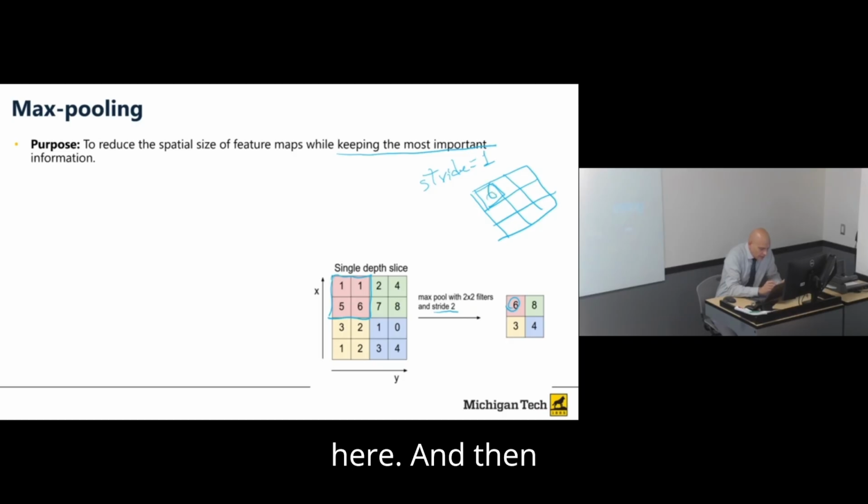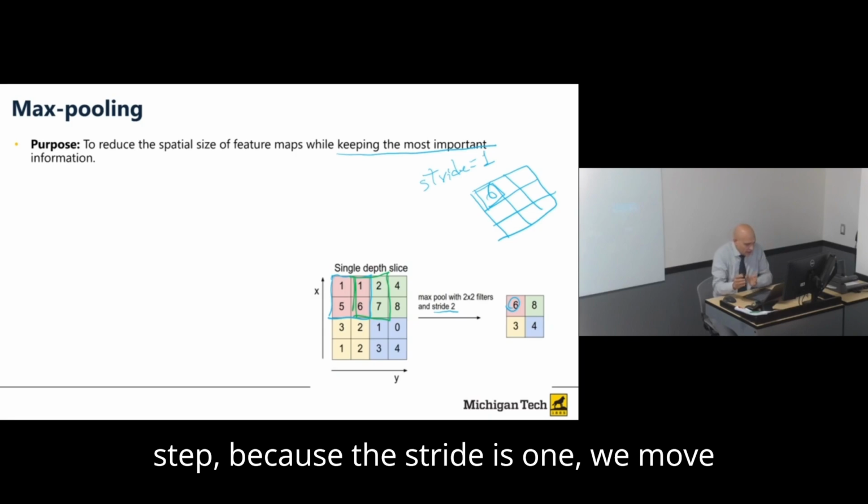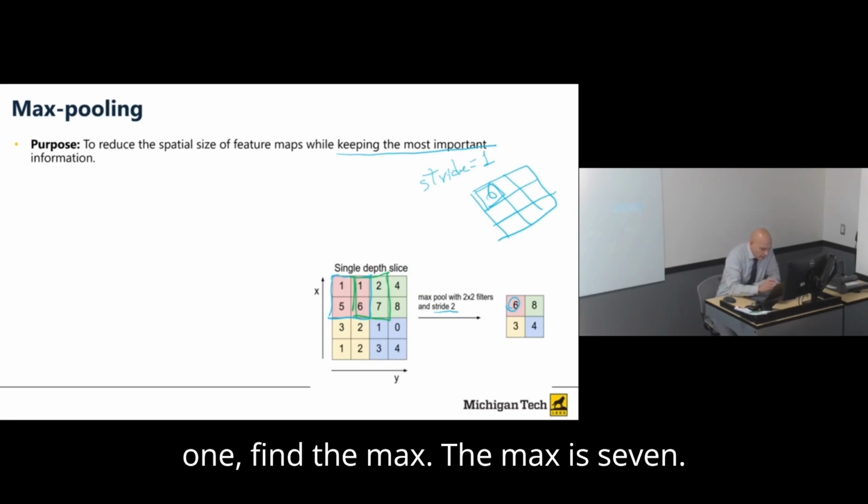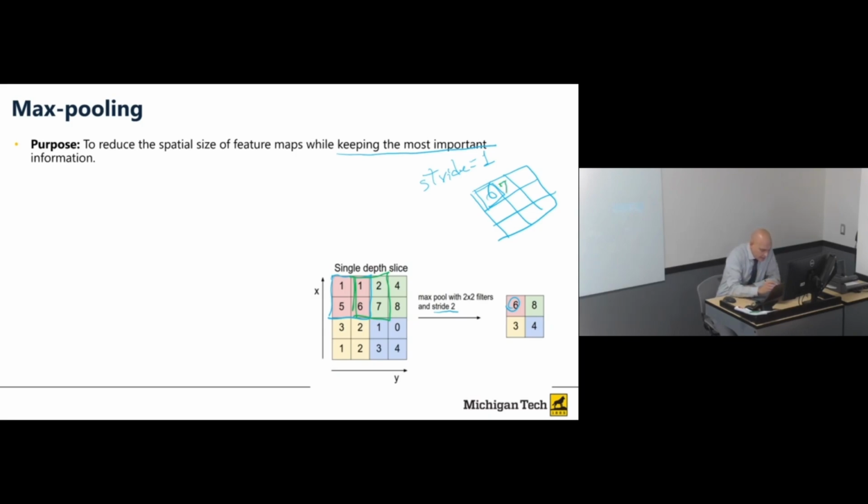So 6 goes here, and then we go one step because the stride is 1. We move 1. Find the max. The max is 7, and move again. One step.